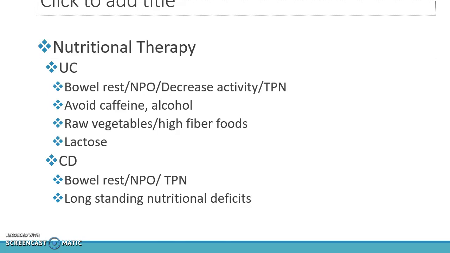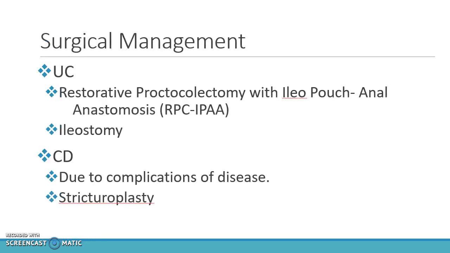CD also has the complication of fistulas that would increase the need for calories and different nutritional needs, because it would cause muscle breakdown, so you want to watch that.